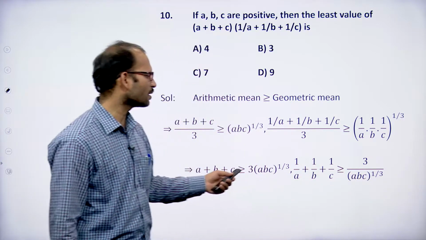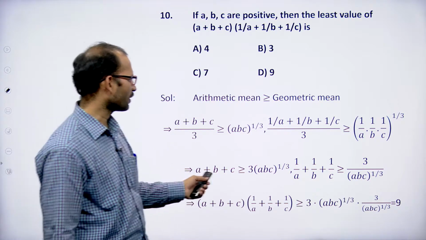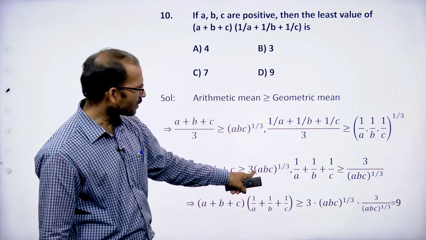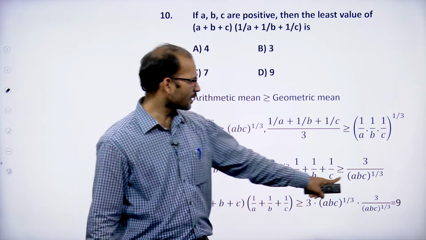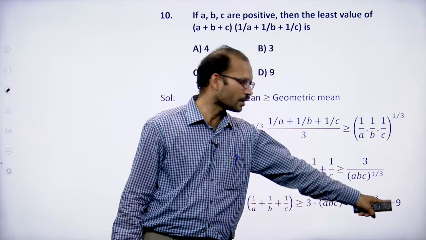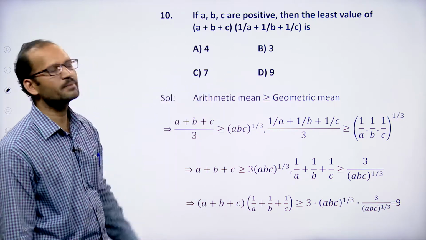Just multiplying these two inequalities you will get the value. Left hand side multiplied, right hand side 3 threes are 9, and the rest gets cancelled. So 9 is its minimum value, so D is my answer.